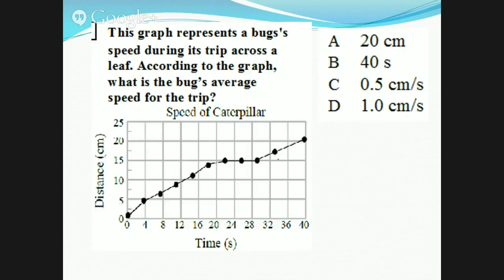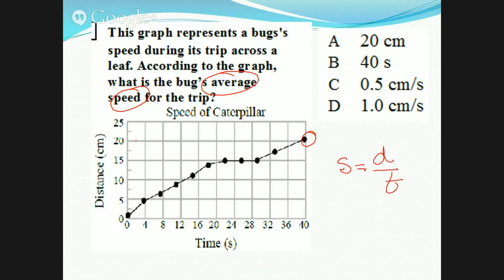So we have a graph. The graph represents blah, blah, blah. Who cares? We go straight to the question. What's the average speed? Which dot do we look at on a graph when I ask for average speed? The last one. We go straight to the last dot. And remember, speed equals distance over time.